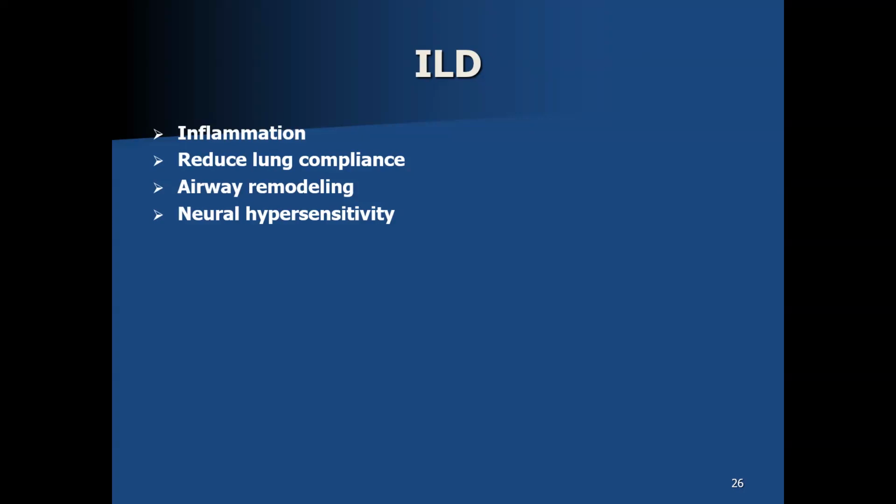It also causes neural hypersensitivity, where chronic inflammation in ILD can make cough reflex pathways hypersensitive, similar to what's seen in chronic cough syndromes. Even minor stimuli like talking, laughing, or cold air can provoke coughing. This is called cough reflex hypersensitivity.